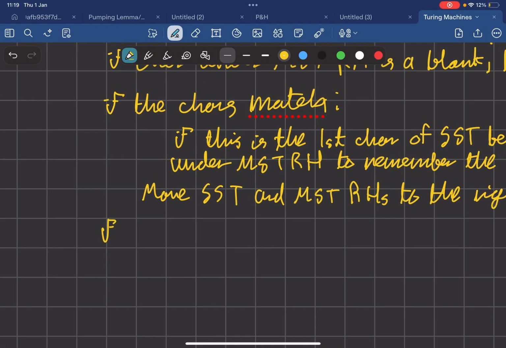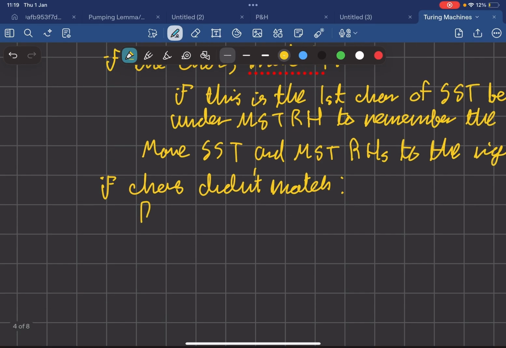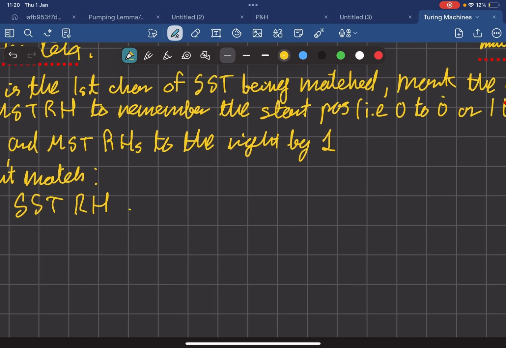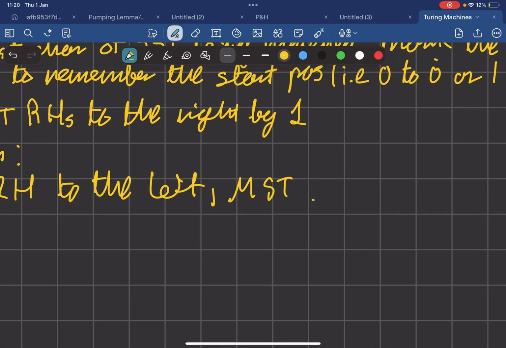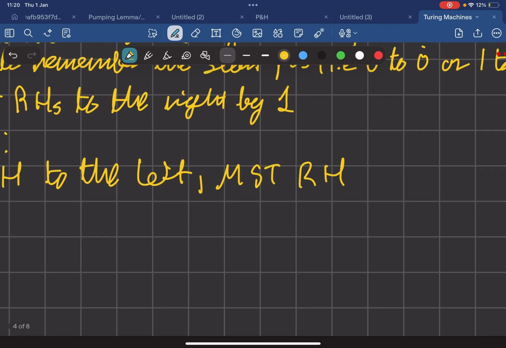Okay, otherwise, if the characters don't match, then we're going to reset the substring tape's read head to the very left, because we need to restart. And then we want to move the main string tape read head to the next starting position that we want to try. So to do that, we first move it to the character that we marked before.